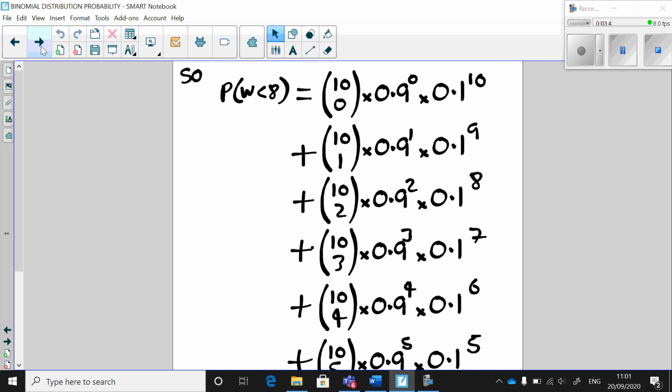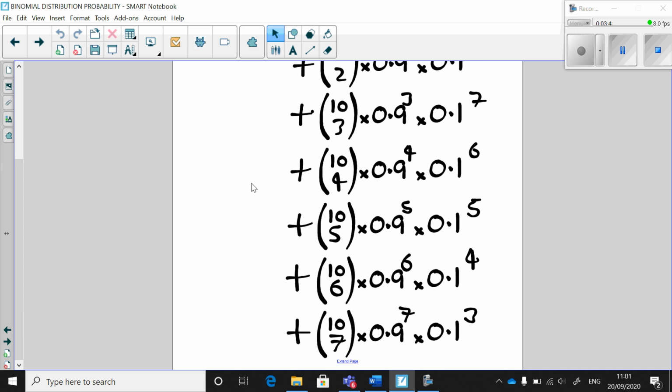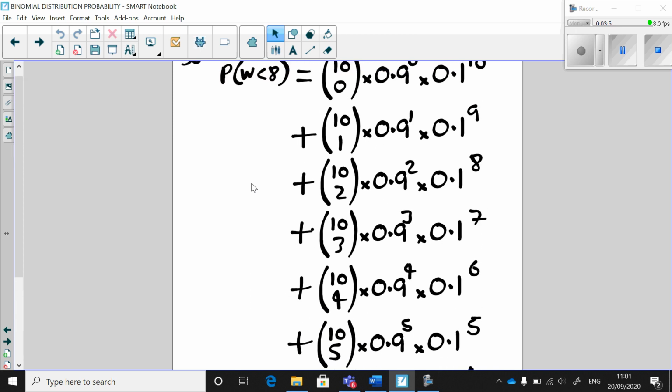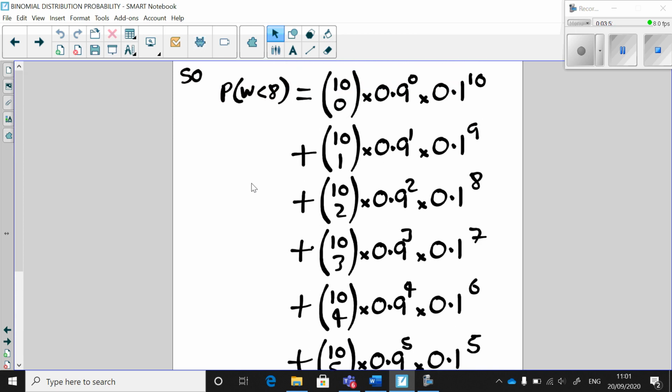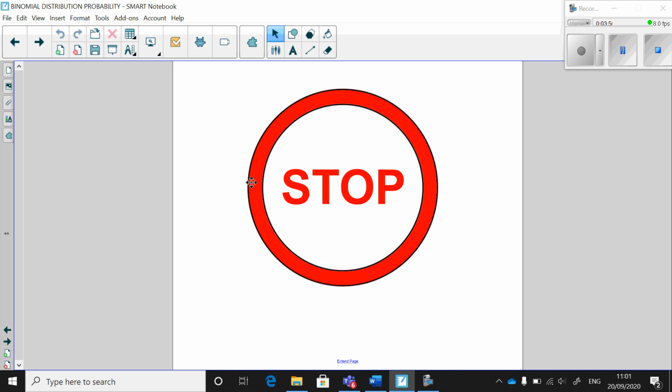The page actually started growing because I had that many calculations. That is going to take you absolutely ages. And there's just too much going on there.